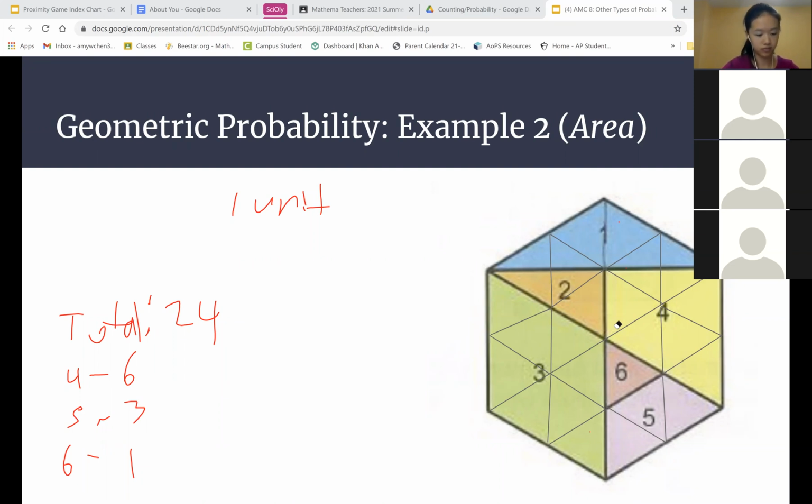Why do I get 23? I probably just miscounted it. Oh, I forgot to multiply. I added instead of multiplying.